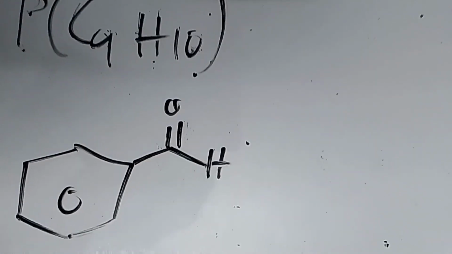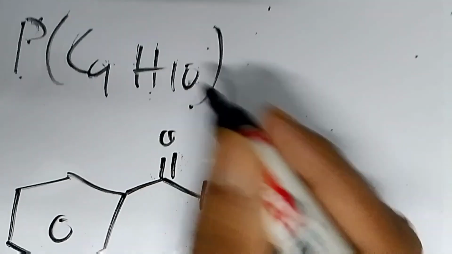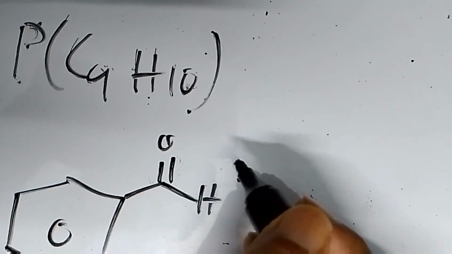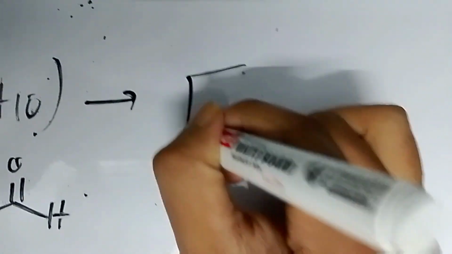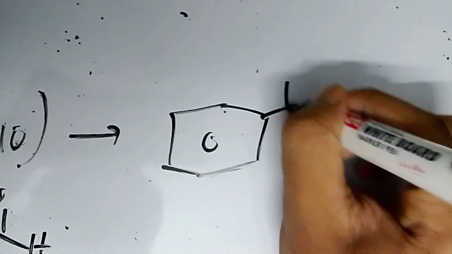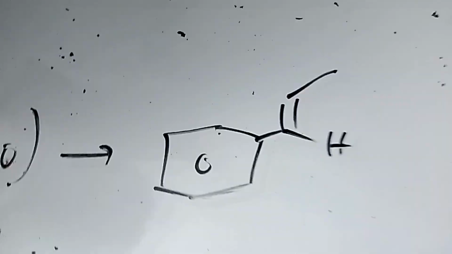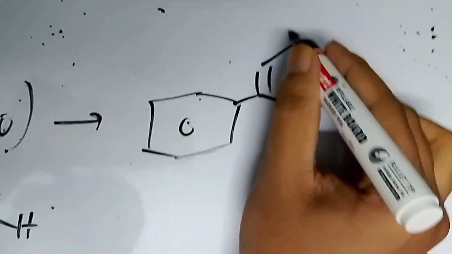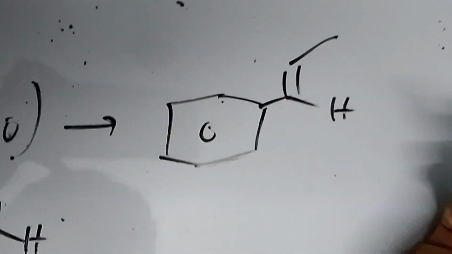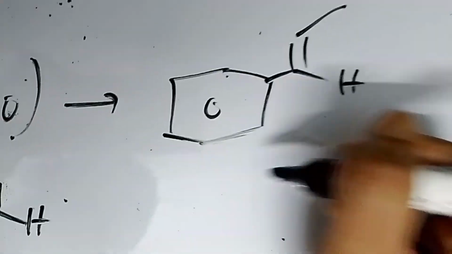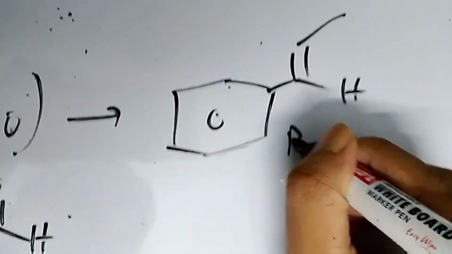As there are three carbons except the benzene ring, the initial compound P has to be this. The aliphatic aldehyde is basically CH3CHO or acetaldehyde, which gives a positive iodoform test, and we get benzaldehyde. So this is our compound P.